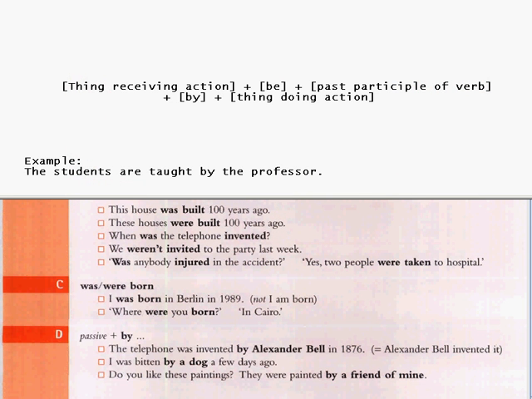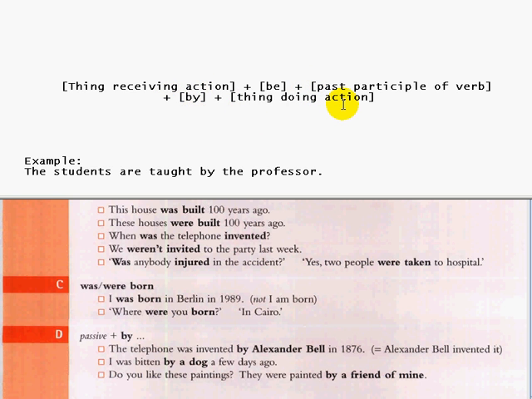Now, let's talk about the preposition by being added to our sentence. Okay? In our passive sentence, using by is optional. Okay? When you make your sentence into passive form, always remember that you should first put the thing receiving the action, after that the be verb, the past participle of the verb, and you can use by if you want, and the thing doing the action.